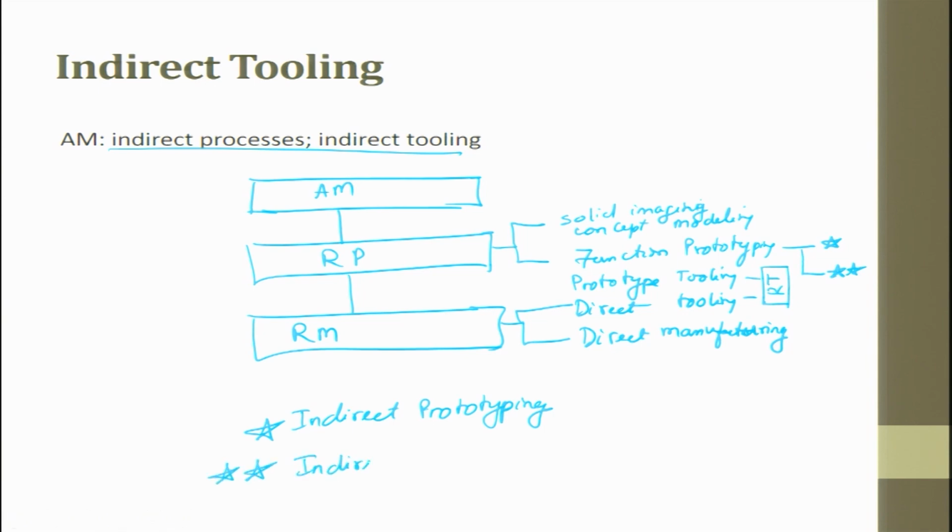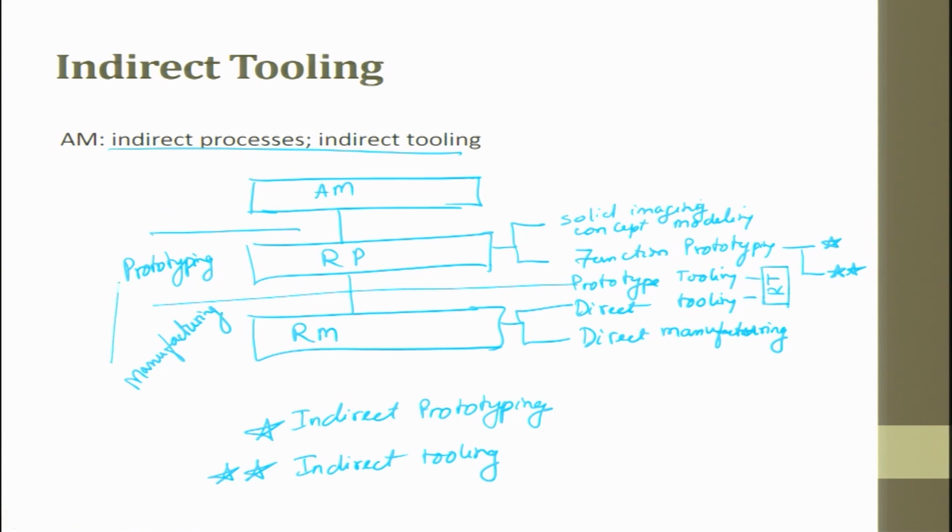So, now you can understand where this indirect tooling comes from: rapid prototyping. This is a line which we draw for prototyping, and this is the place where we write manufacturing, and this is technology.